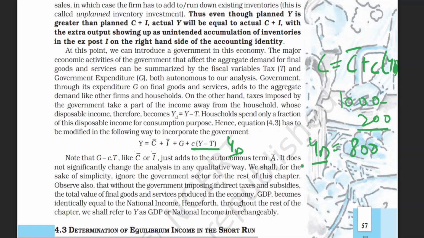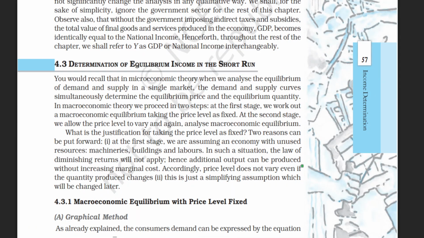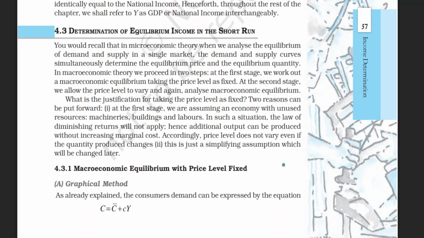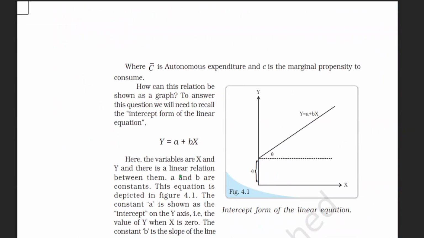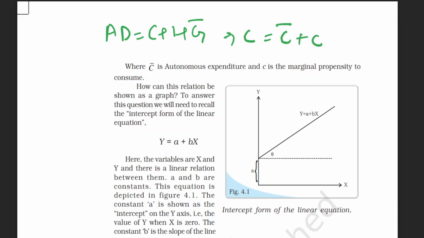Now I'll be discussing determining the equilibrium in the short run. There are different ways in which we can see that. First I'll show you the graphical representation of the consumption function. Now this is a consumption function. As I have told you, AD is equal to C plus I plus G, where C stands for the autonomous consumption plus MPC times Y, or YD also you can say.